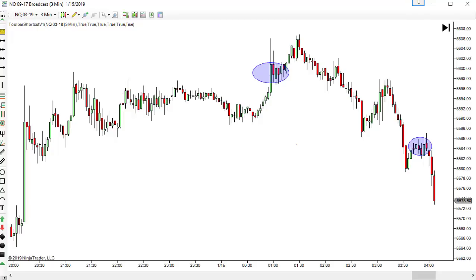Does anybody have any questions on entry of the S play? Now, most of the time we're going to be waiting for the candle to close unless I call an audible.